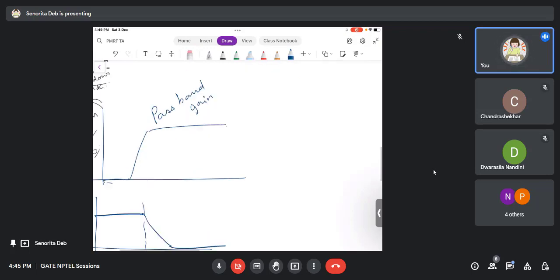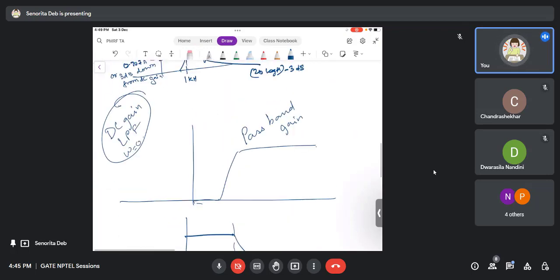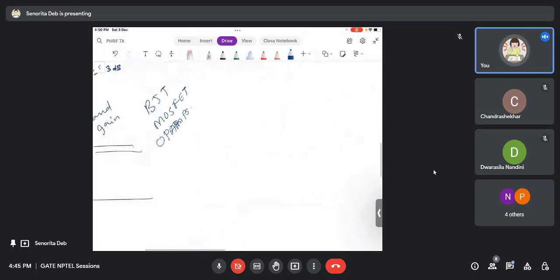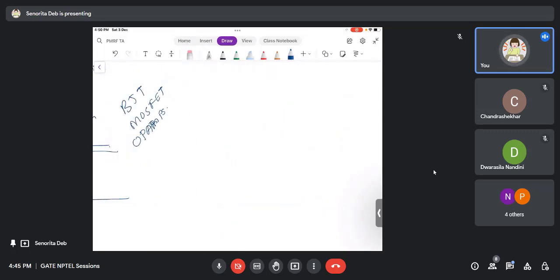So a high pass filter is actually passing the signal, and therefore you can say this is the pass band gain. But only for a low pass filter, or a band pass filter, can you say it at omega equals 0. Not technically with band pass filters, but especially for BJTs, MOSFETs, and even Opamps, the normal behavior of the circuit.